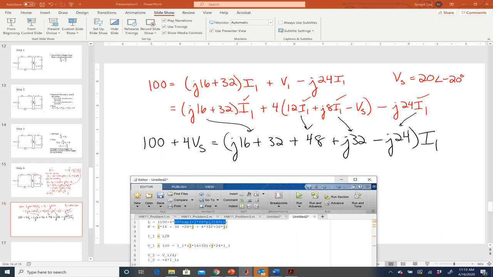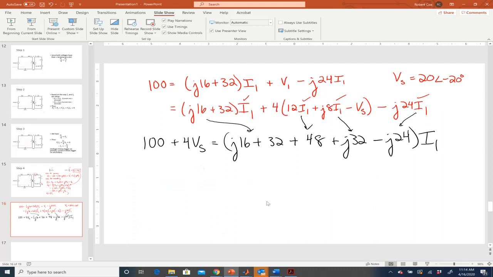So I did a degree to radian conversion. And then I said the right side of the equation was this j16 plus 32 minus 24j plus 4 times 12 is 48, right? Plus 32j. And then I just said I1 is the left side divided by the right side, okay? So that gives me my I1. So I solve my I1 from there.